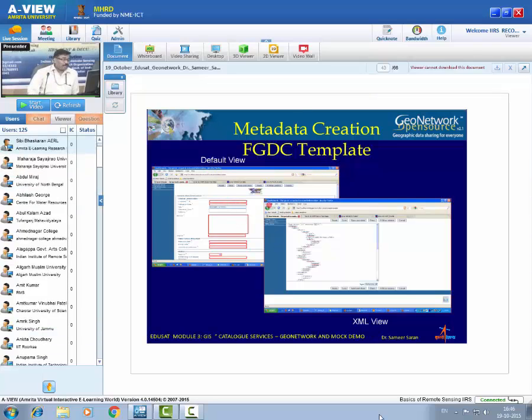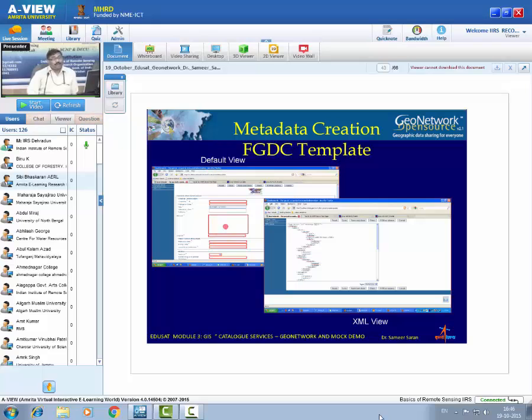Here I would like to show you one of the templates given within Geonetwork, the FGDC template. You can see that all these red ones are mandatory. You have to fill in the information, but the remaining non-red ones are not mandatory, meaning even if you leave them, it is not going to affect anything, but the red ones have to be completed.